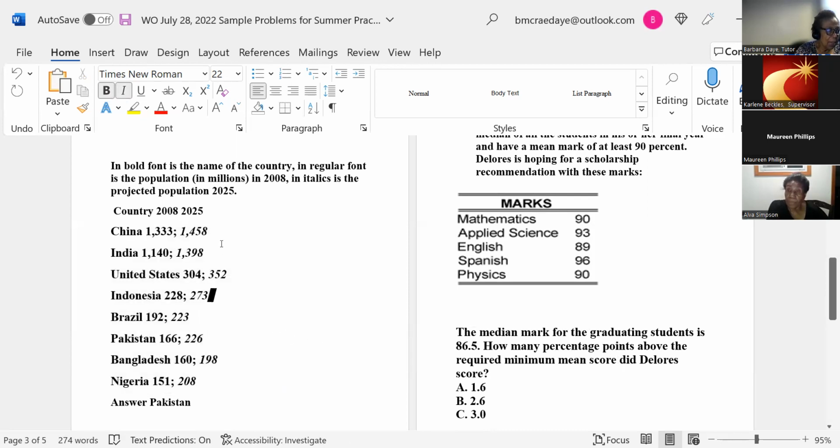Yeah. Now put these in order: 1458, 1398, 352, 273, 226, 223, 208, 198. You can put them increasing or decreasing.